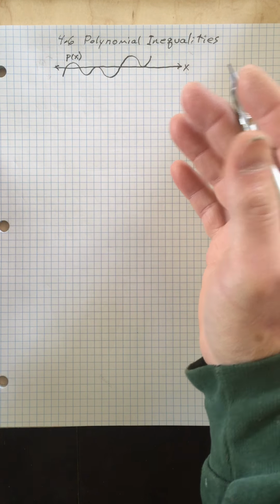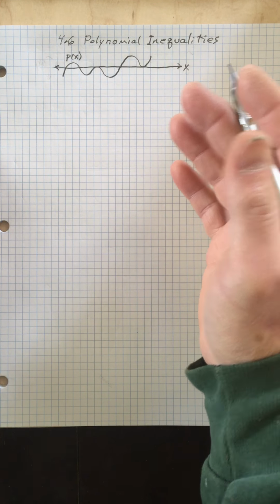Now, when I go through this root, that's got a multiplicity of 2. The function's going to stay down here, so I'm going to stay negative. So in this case, p of x is less than or equal to, so I want a negative value or 0.